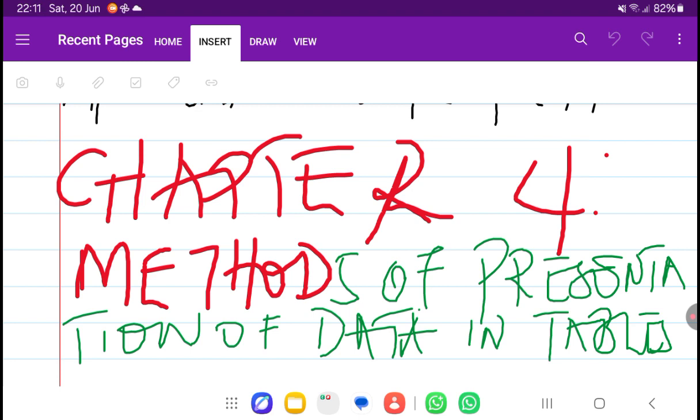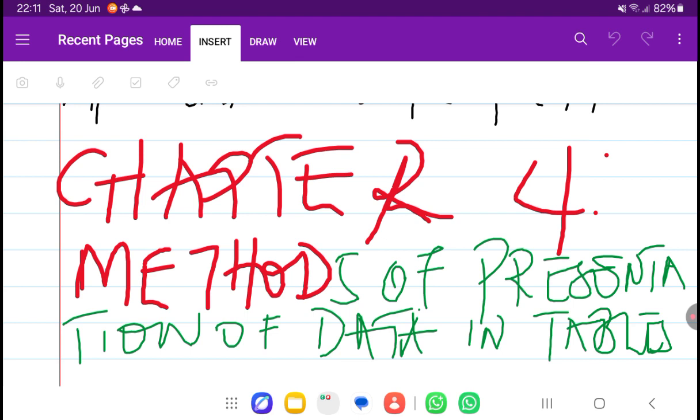So the most convincing and convenient method of organizing data is to, of course, put the data into what we call tables. And these tables could be frequency distribution tables, whereby the data is going to be organized by grouping the data into what we call intervals.